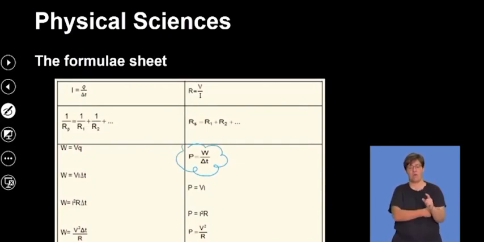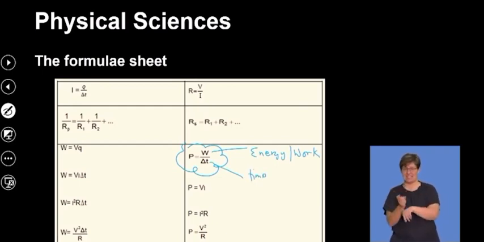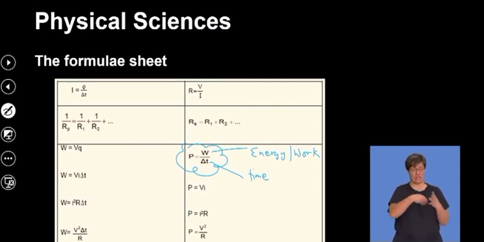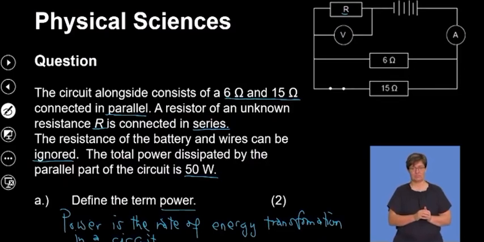So W is energy or work, all right? Right, and then we also have time, okay? And when we talk about time, we're talking about the SI unit, which is the second. So the data sheet becomes a valuable resource in terms of that, okay? So we understand that power is the rate of energy transformation in a circuit, or work done, because when energy is transferred, work is done.